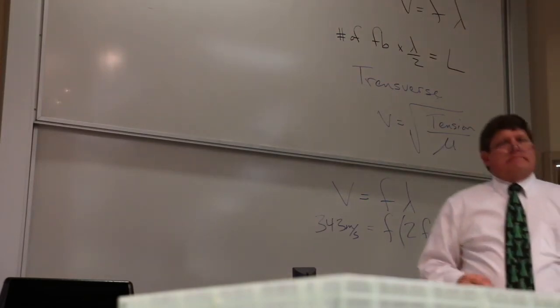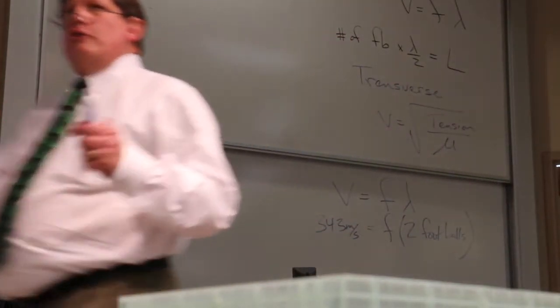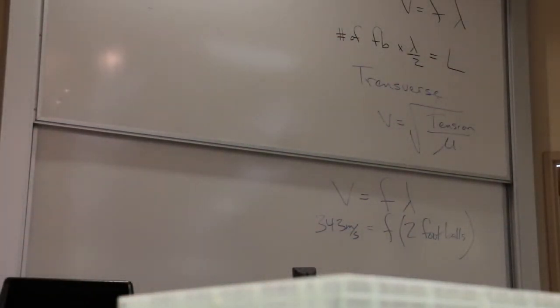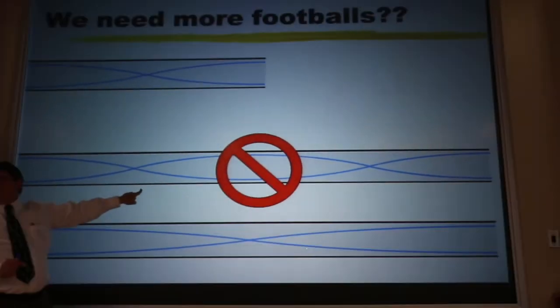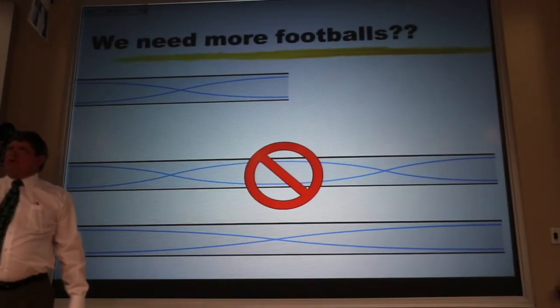Listen to that again. If 2 instruments have the same size footballs, they are playing the same note. This instrument and this instrument have the same size footballs. They are playing exactly the same frequency, the same note. That one's playing it as the first harmonic of its instrument. This one is playing it as the second harmonic of its instrument. But it's the same note.